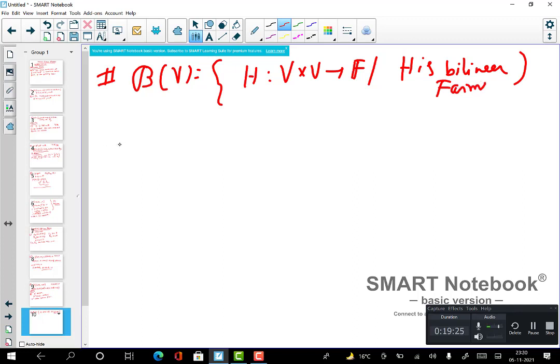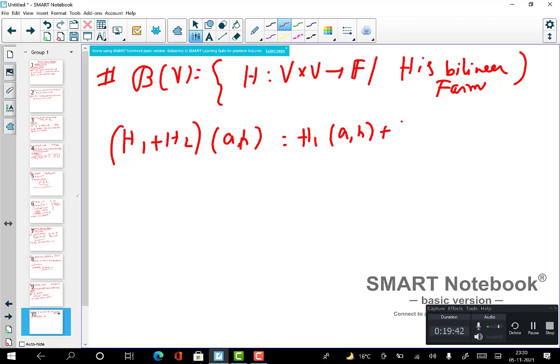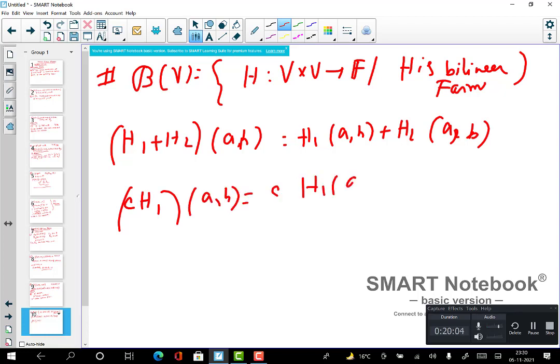Then you define the operation on B(V) by adding h1 and h2. How do you add? You take a vector pair a, b and send it to the natural one, h1 of a, b plus h2 of a, b, coordinate-wise. The natural addition. And then you need a scalar multiplication. You can multiply h1 by a scalar c, and again this is so natural: c times h1 of a, b.